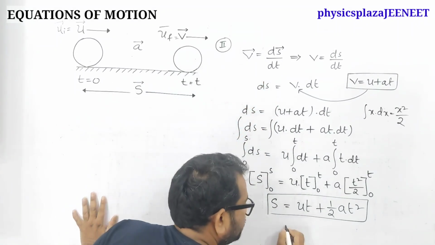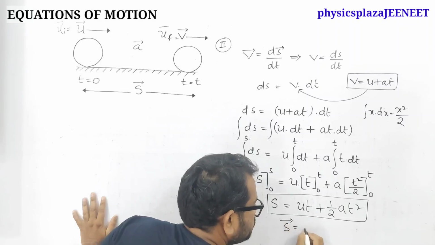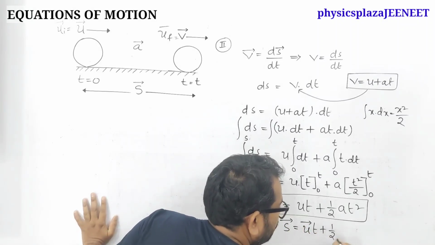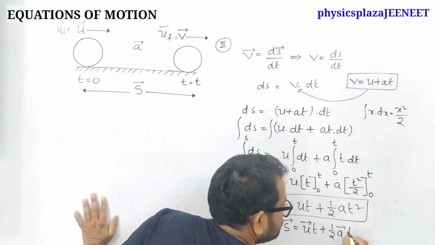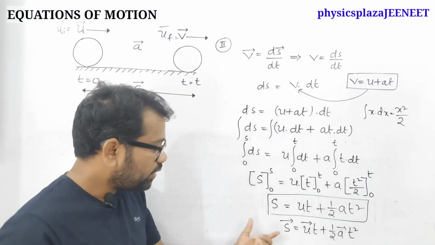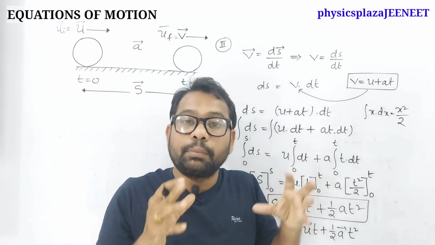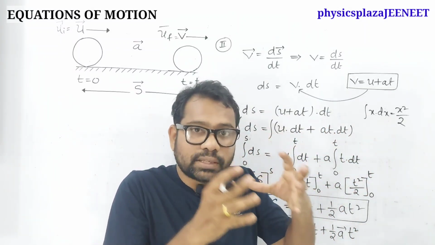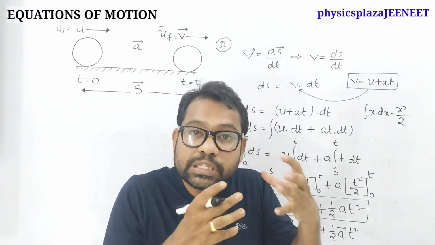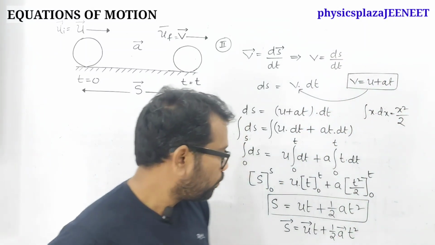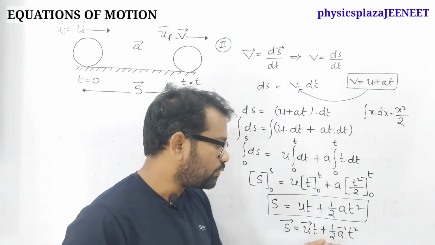In vector form, s is equal to ut plus half a t square. We can use this formula when the body already has some initial velocity and is moving with some uniform acceleration a. Then what is the displacement covered after time t? In that case, we can use s is equal to ut plus half a t square.